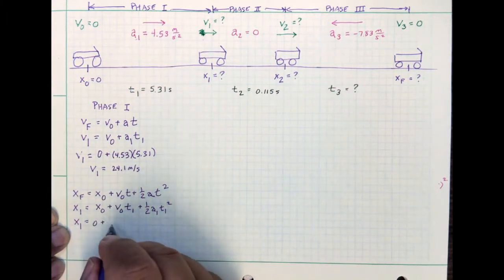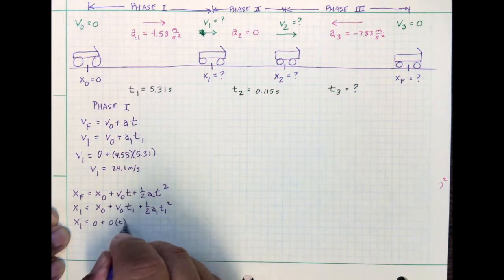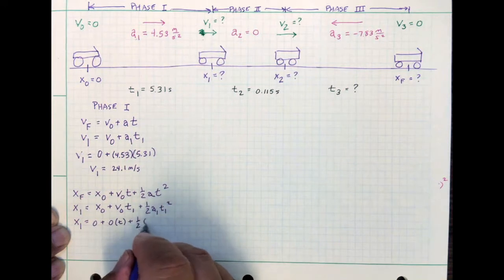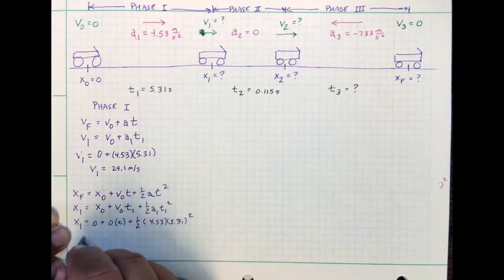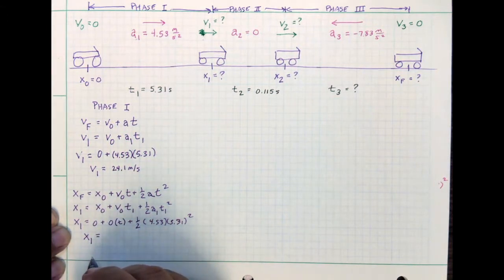Plugging in the numbers that we know, the equation gets very simple because a lot of the quantities are 0. We come to the last term where we put in our numbers for the acceleration and the time, and we get that the final position at the end of phase 1 is going to be 63.9 meters.